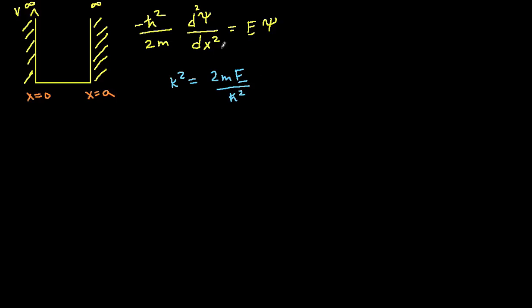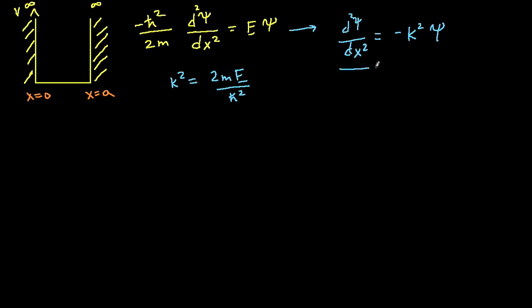What that does to our equation up here is it makes it d squared psi dx squared equal to minus k squared psi. So this is a differential equation on the wave function psi, and this is actually a simple classical harmonic oscillator.